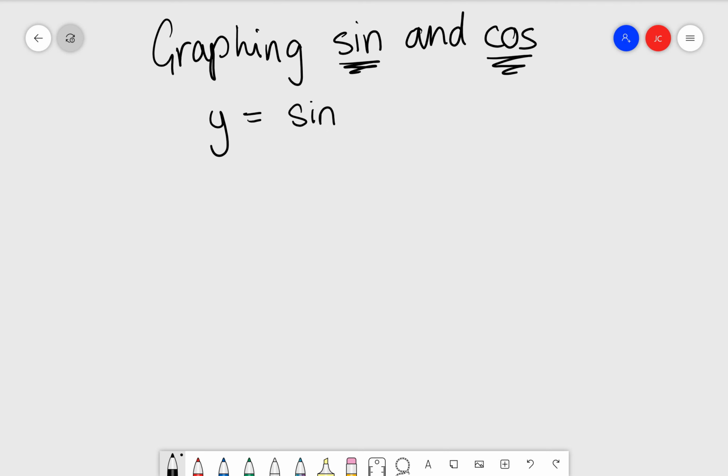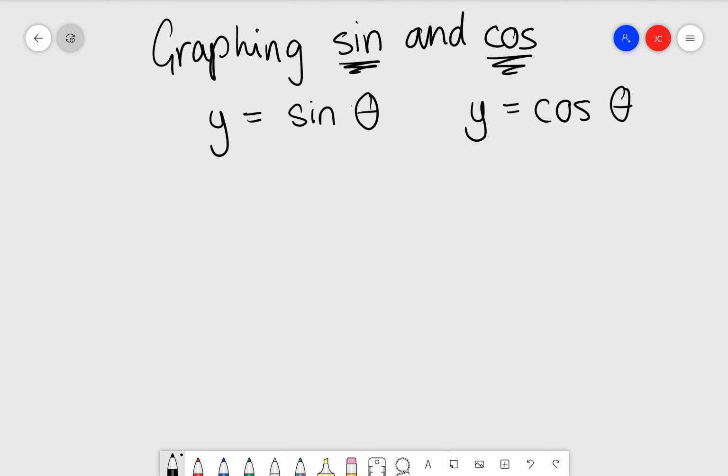Y equals sine of x and y equals cos of x. You might want to replace the x with a theta if it makes you happier because it is an angle. These two functions, or equations, whatever you want to call them, which you're going to learn so much more about later, are really important.